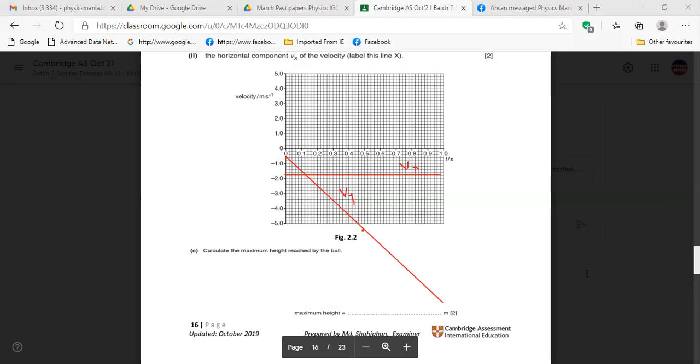So your time is here 0.49. They told you to reach maximum height, you have time 0.49. Then you have here velocity 0.48. So half into base into height you can find the maximum height. Take it.